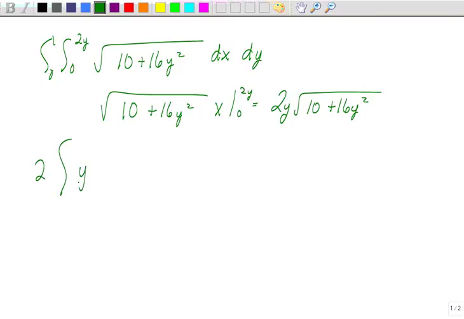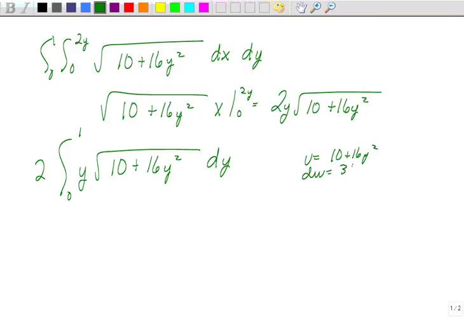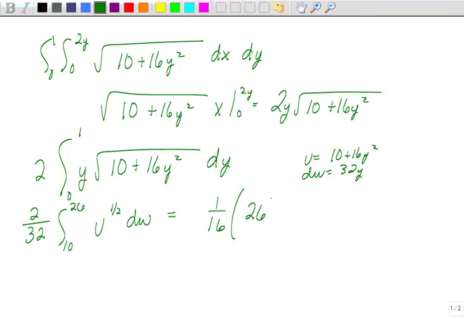And that's going to be easier because now we have an extra y and we can use substitution. Let's change the limits of integration also. So this is going to be 1/16 times 26 to the 1/2 minus 10 to the 1/2.